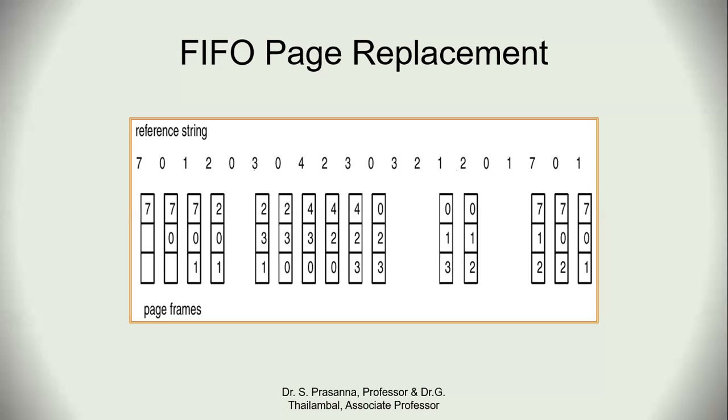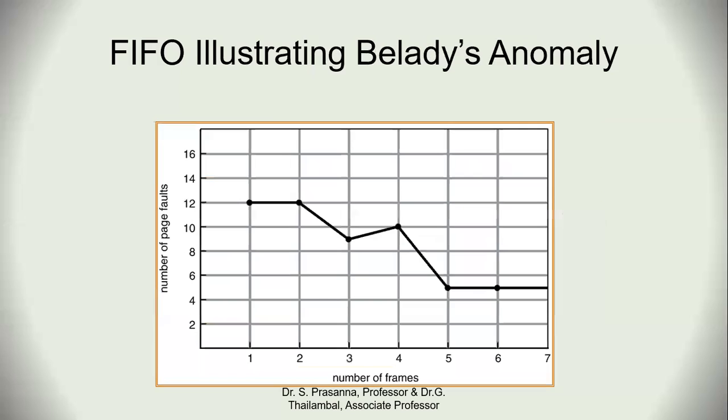So therefore the next string which came after 7 is going to be 0. So 0 is the next victim. Replace 0 with 3. Similarly, it goes on. So totally how many page faults you had: 1, 2, 3, 4, 5, 6, 7, 8, 9, 10, 11, 12, 13, 14, 15. So for this particular reference string, if you use 3 frames, then you had 15 page faults.